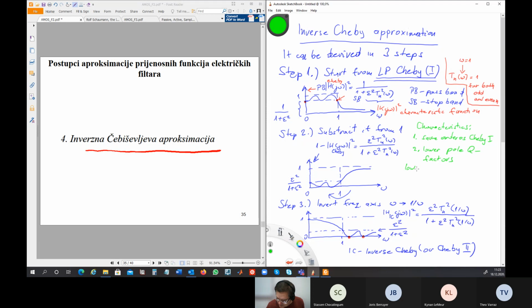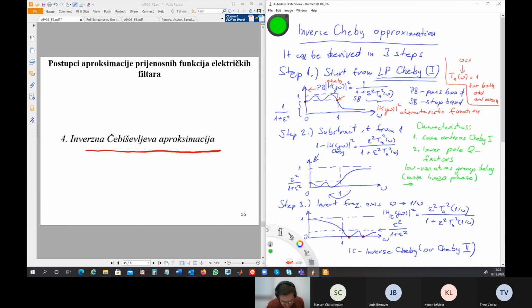So low variation of group delay, or in other words, more linear phase.